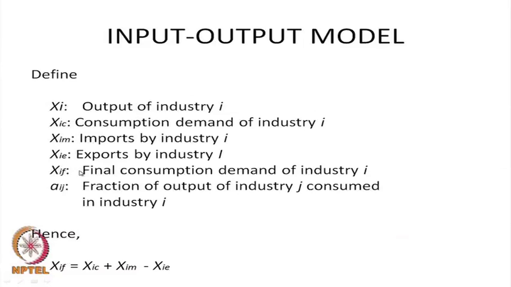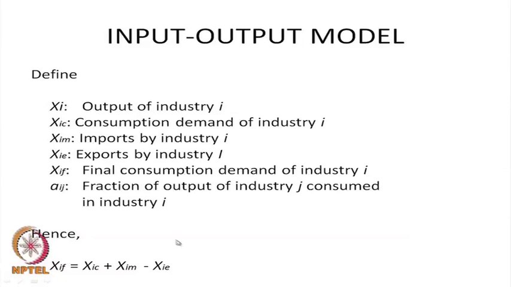Now, from the above, particularly these 4 things, Xif, the final consumption demand of industry I, is equal to its own consumption plus imports minus exports. This is the relationship therefore. Xif is equal to Xic plus Xim minus Xie.